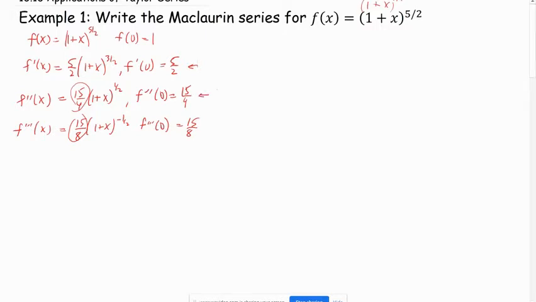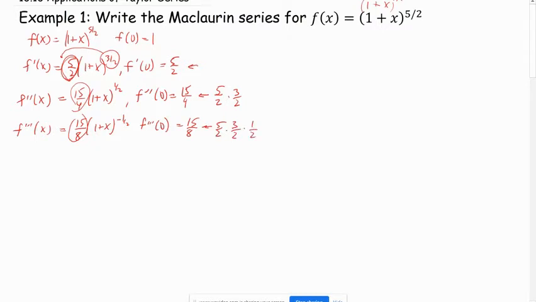This one is 5 halves times 3 halves. We got that when we did the derivative. We had the 5 halves originally, and then we brought the 3 halves in front. This one is 5 halves times 3 halves times 1/2.